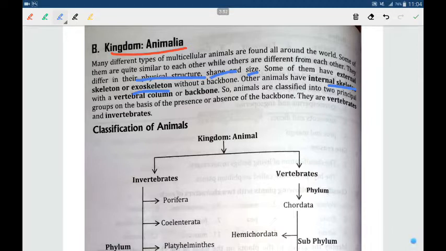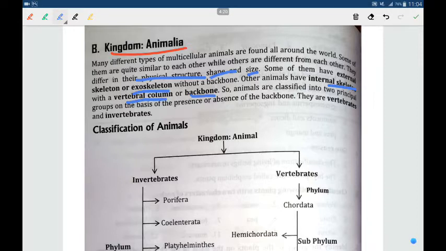So here we have to keep in mind, those which contain a hard part in their inner body part have a vertebral column or backbone. So there is a vertebral column in endoskeleton, but in exoskeleton there is no vertebral column.